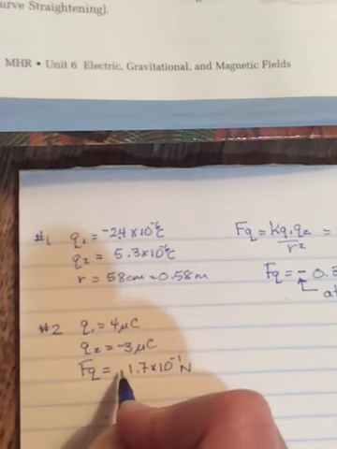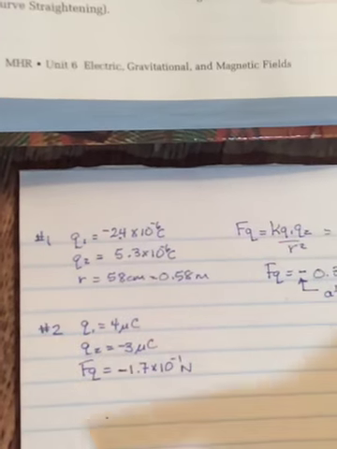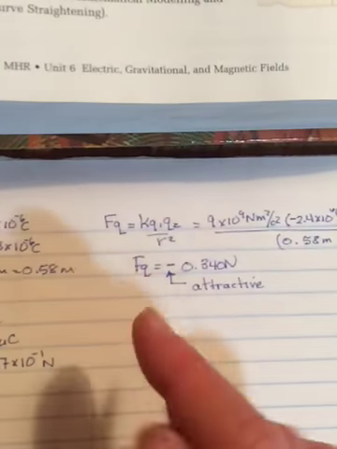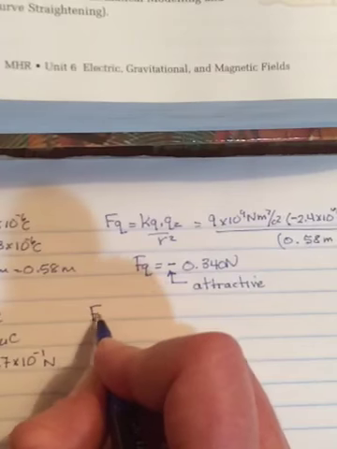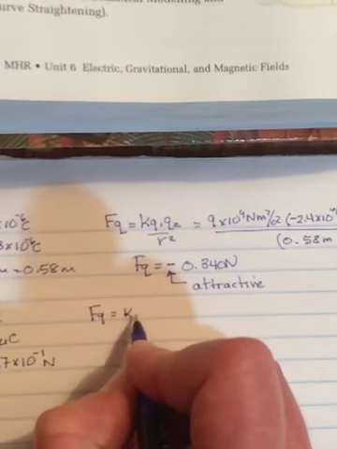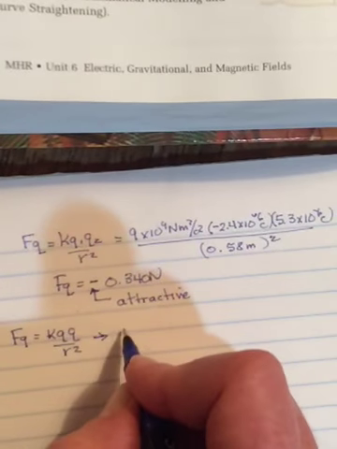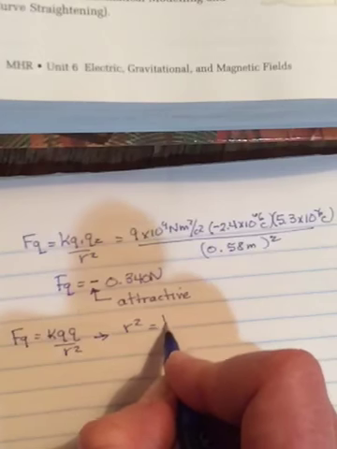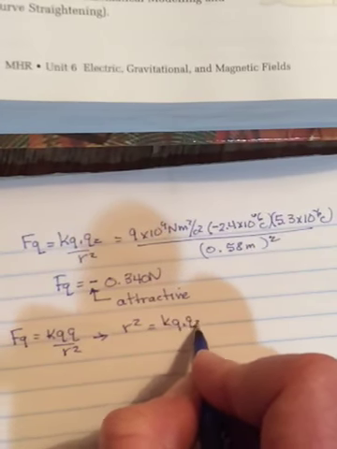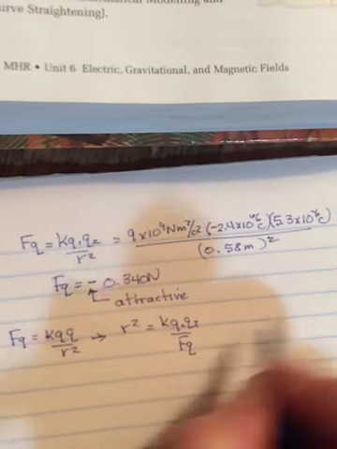But it says it's a force of attraction, which means you have to put a negative on it this time. And this time it wants to know what's the R, how far apart are they? So KQ1, Q2 over R squared, but you're rearranging for R. So R squared equals KQ1, Q2 over FQ.